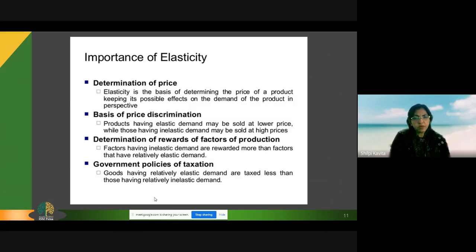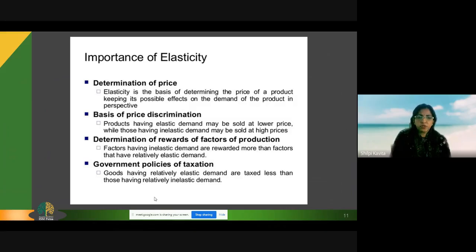So it depends on the market situation, in which market or which consumer they are targeting. If that market is having elastic demand, they'll have to sell at a lower price. While if they have inelastic demand, they can sell at higher prices also. The same product, because in price discrimination, you are giving the same goods and services to different consumers at different prices or different segments.